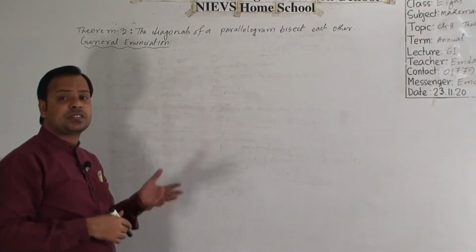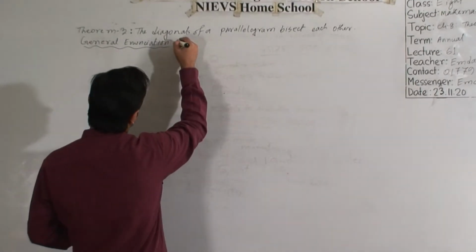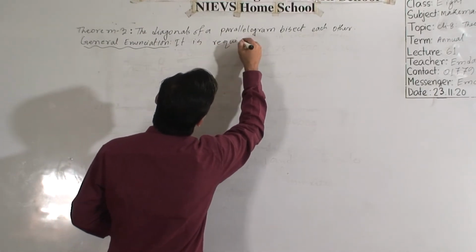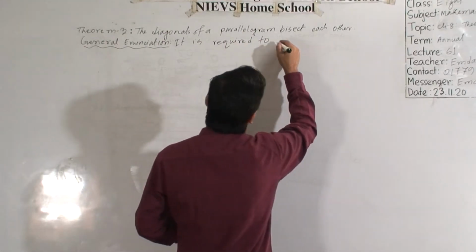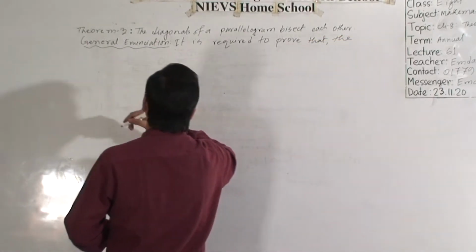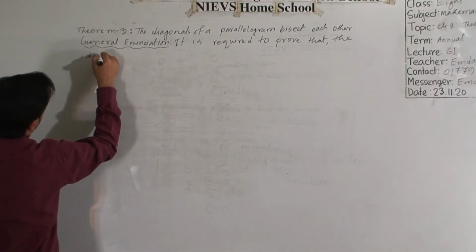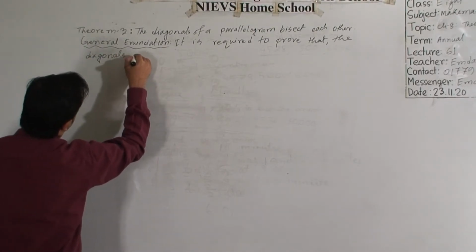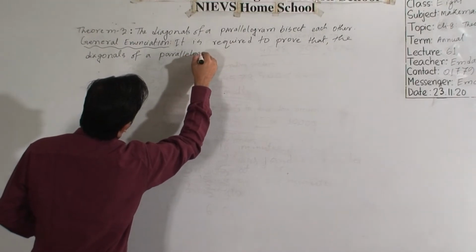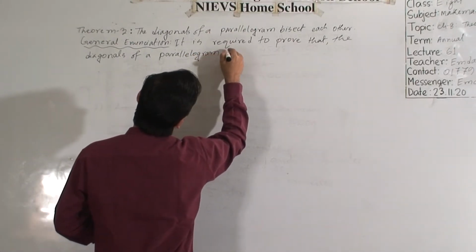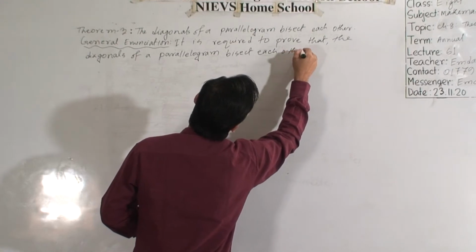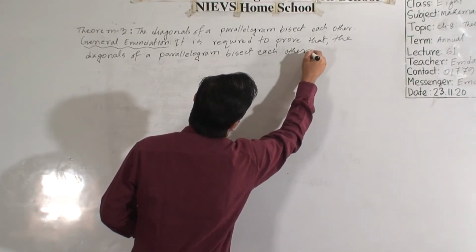So we can write, it is required to prove that the diagonals of a parallelogram bisect each other.